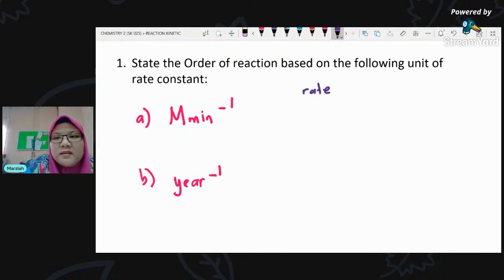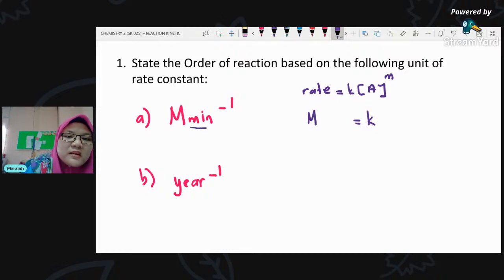Rate is equal to k concentration of A to the power m, right? We do not know the order of the reaction. k is the constant, and the rate is fixed. It is either molar per minute or molar per second, depending on the time. Based on this, ours is in the unit molar per minute.